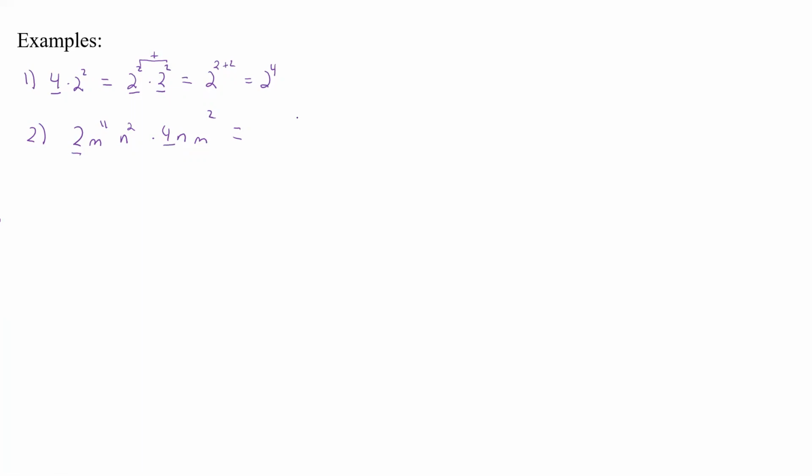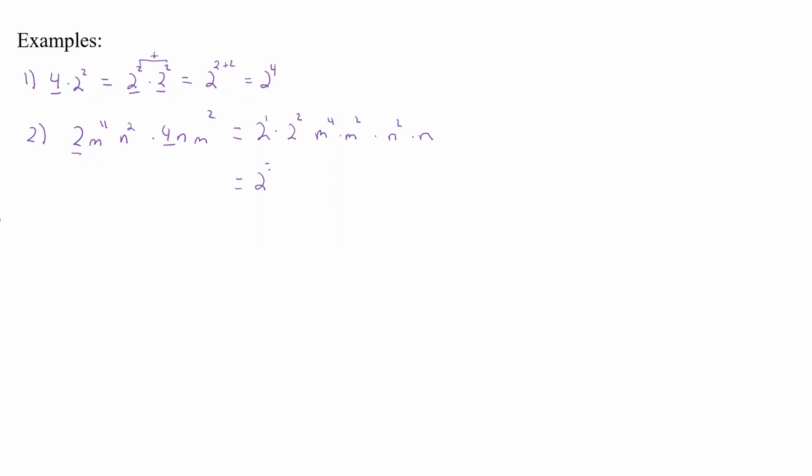Then we have m to the 4th times m squared, and then times n squared times n. So that makes it easier to see the bases by each other, and then we can remember to add our exponents. All right, so what do we have? Well, we have 2, and this is really 2 to the 1st, so we have 1 plus 2, that's 3.